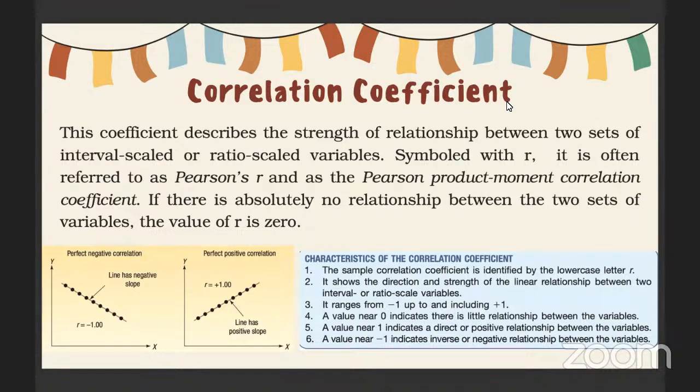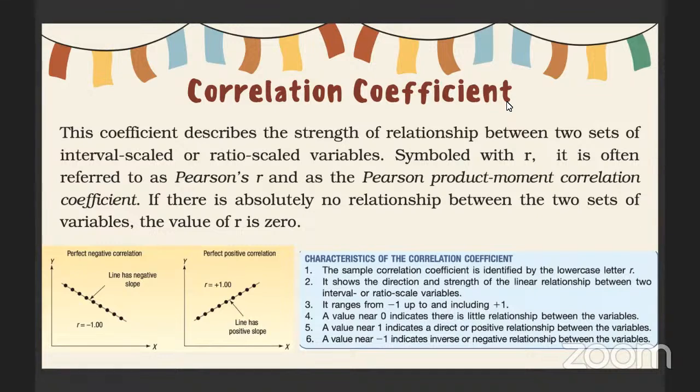If it has a negative slope, it will go to the left side, and if it is positive, it will go to the right side. The characteristic is that this coefficient ranges from -1 up to +1. If the coefficient value is 0, it means there is no relationship between the variables x and y.